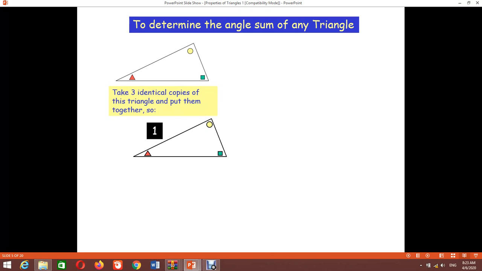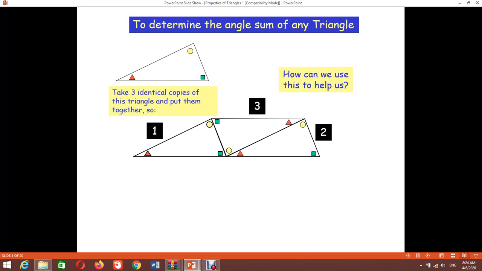So we have the first one on the screen, then followed by the second one that joins or attaches to the first triangle, and then we have the third one in the middle. So you can see that these 3 triangles have been put together, and by putting them together, this is what we have on the screen.